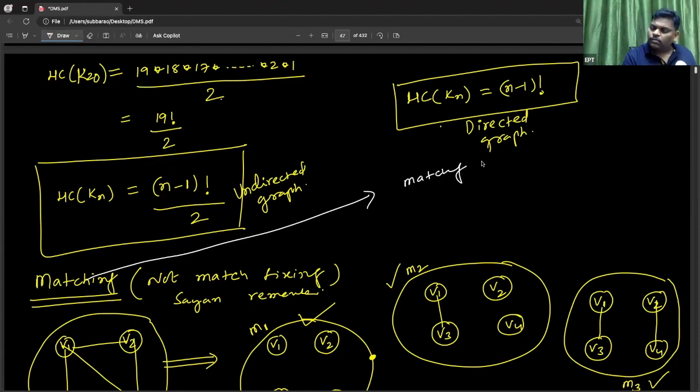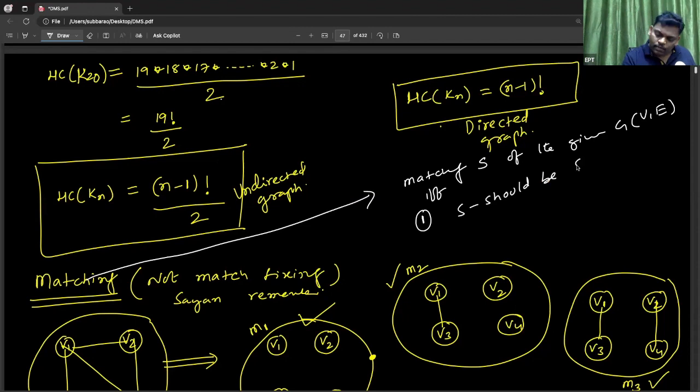Matching S of the given graph G(V, E) if and only if: first condition, S should be a subgraph of G. Second, S should contain all vertices of G. That is the second point.